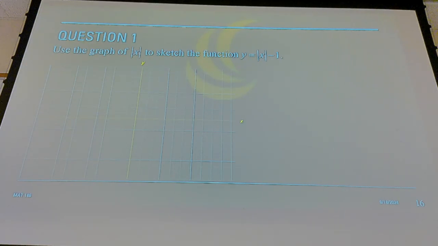In terms of the absolute value function. So how would you get it from absolute value of x? What's the transformation? Oh, it's down 1. So it's the absolute value of x shifted down 1 unit. And so the vertex would now be at 0, -1.